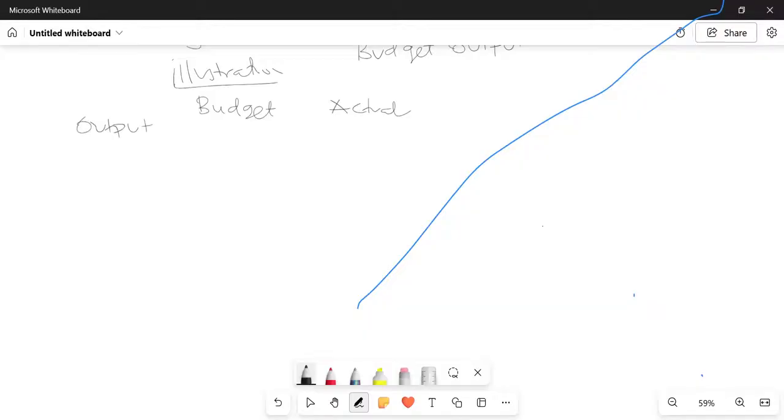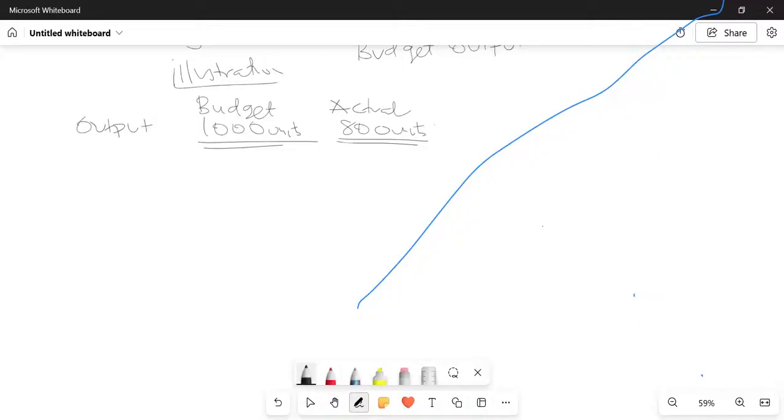The budgeted output is 1,000 units. Actual is 800 units. You can double underline that. That is output.